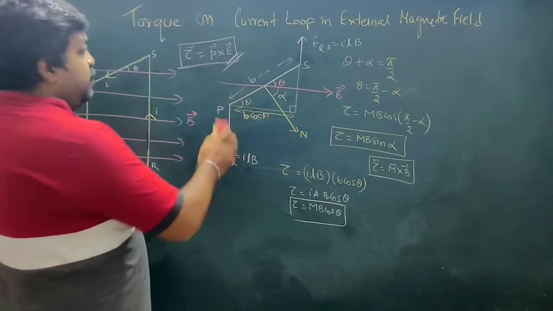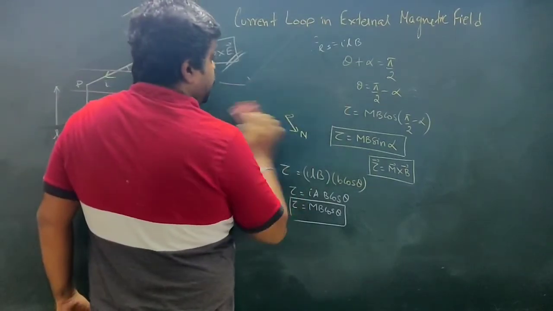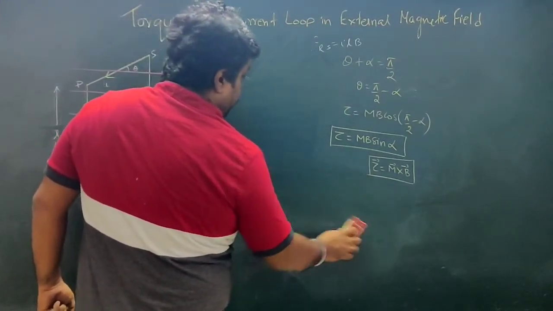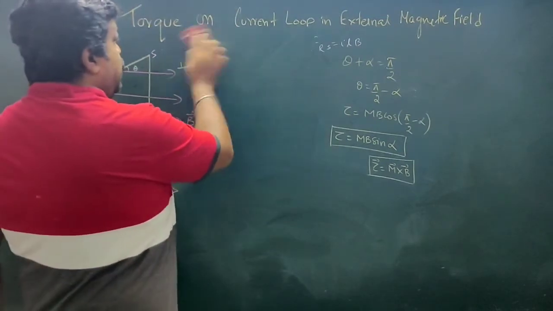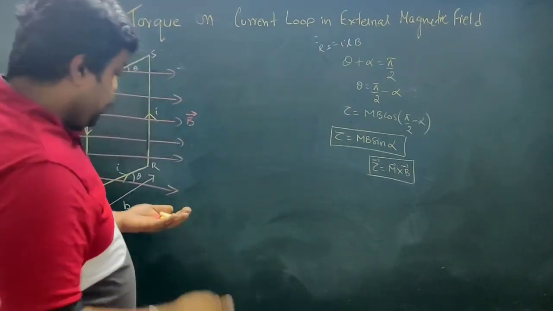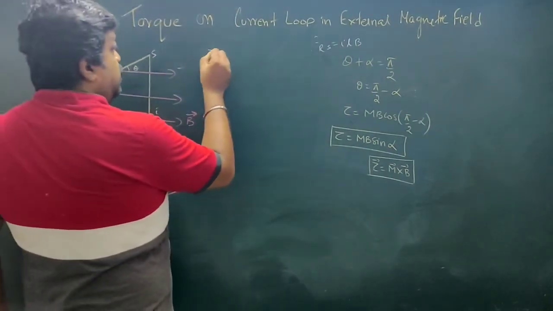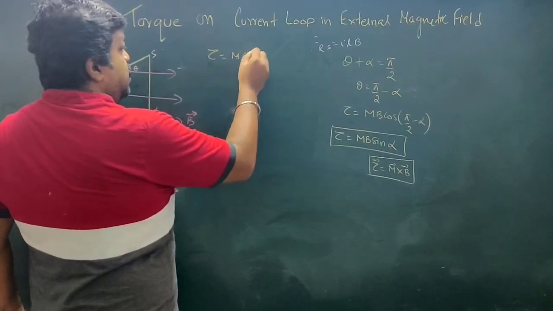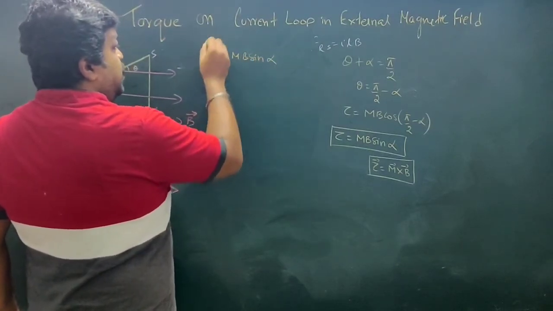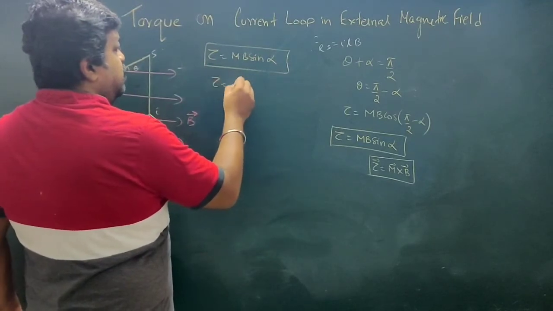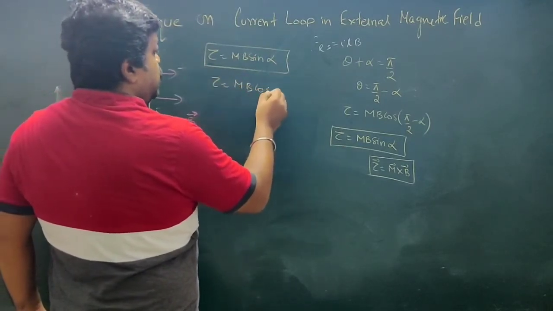Okay. So now we have got the expression for the torque. Torque equal to M cross B. Now tau is equal to MB sin alpha, you can write like this, or tau is equal to MB cos theta.